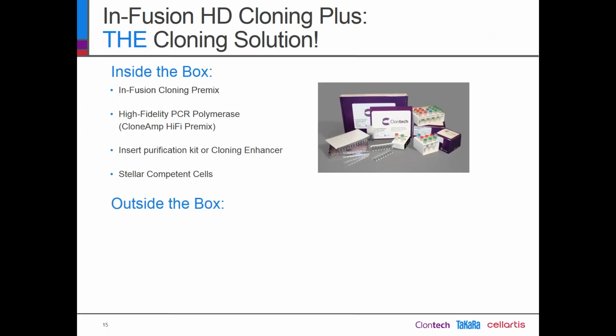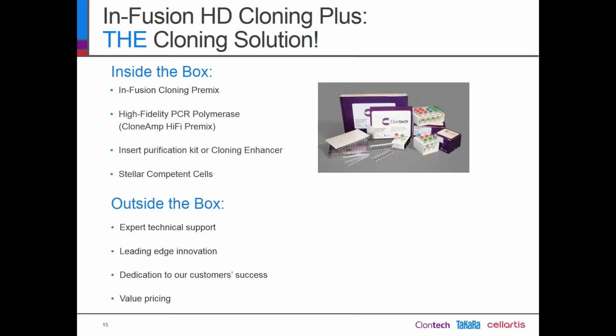But inside the box is not everything. So outside of the box, we also offer technical support. If you have problems with your cloning, you can always contact us, of course. So we have a lot of experience with troubleshooting different cloning experiments. We always improve the kits. We are really dedicated that you are successful with your cloning, and we also offer value pricing.